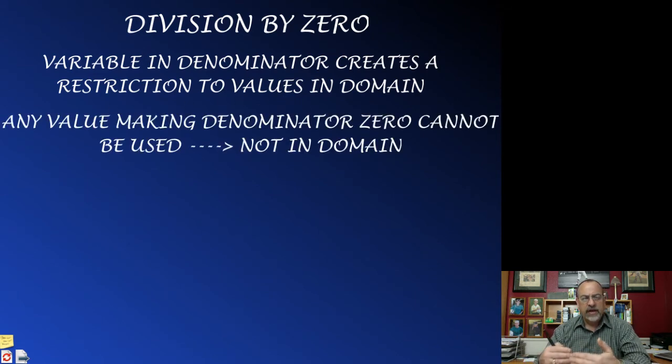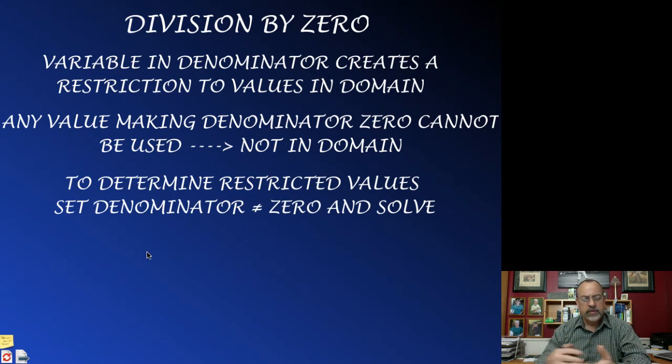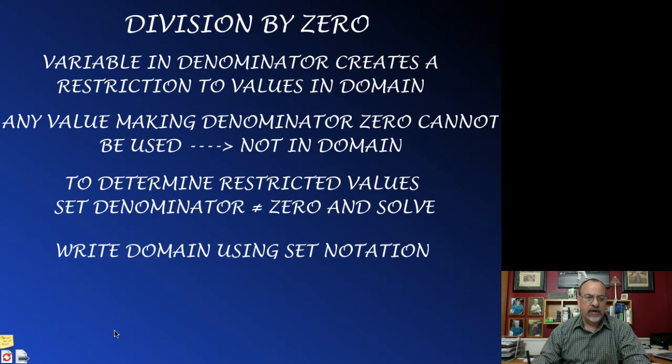Any value that I would choose to substitute in for x that would make it 0 cannot be in the domain. So to determine what this is going to be, all I have to do is take the entire denominator of what I'm looking at, write a little equation, or actually a non-equal equation, for 0, and then solve it, and then write my domain using set notation.